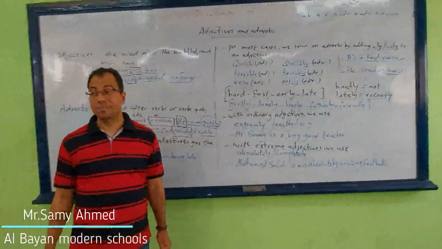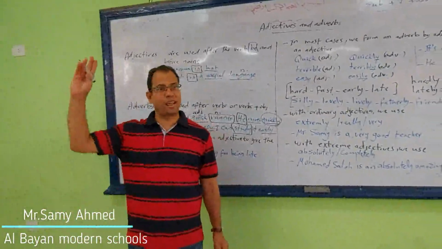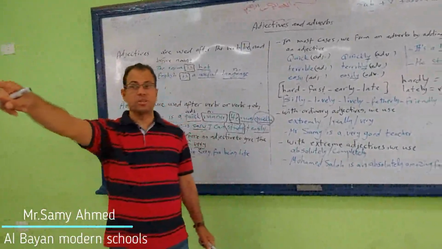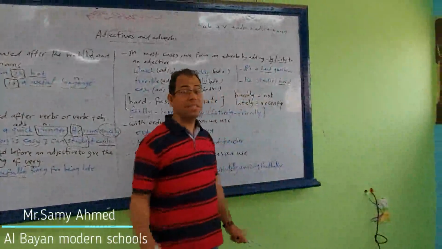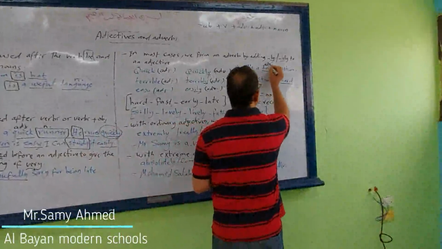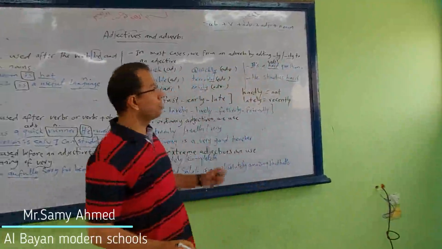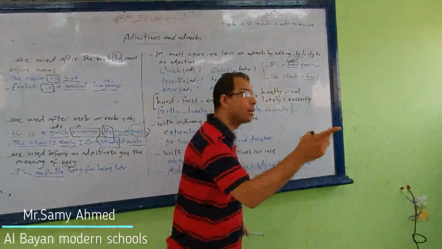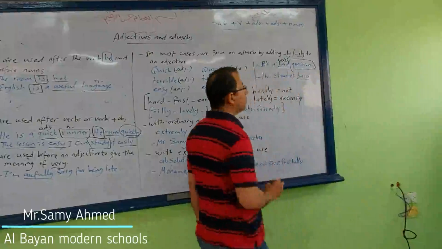Here, the word hard in both sentences, can you tell me? Anybody? If you know the answer, just raise your hand. Yes, you. The word hard in the first sentence is adjective or adverb? Adjective. Right. Excellent. Why do you call it adjective? Because it is followed by a noun.